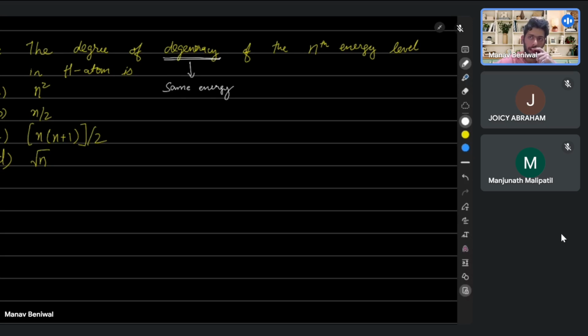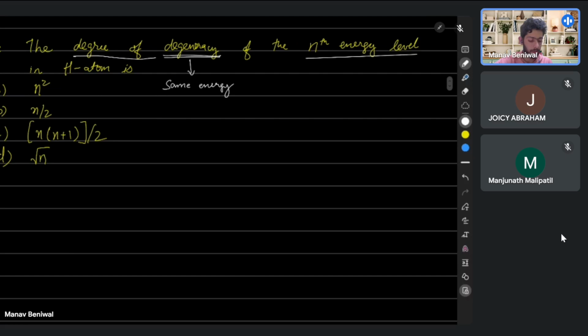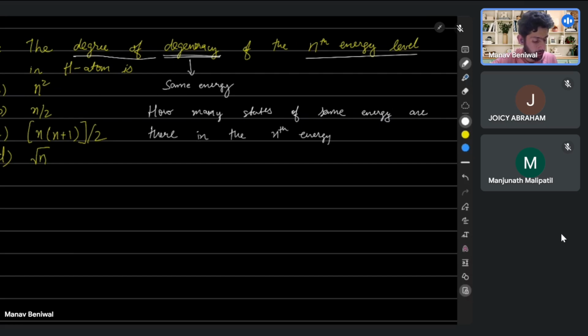Now, what we are asked to find is that there is some nth energy level of hydrogen atom, and we are asked the degree of degeneracy, which means how many states of same energy are there in the nth energy level.